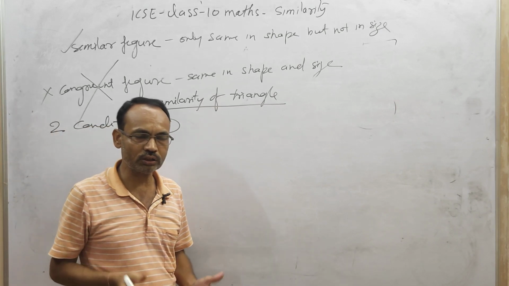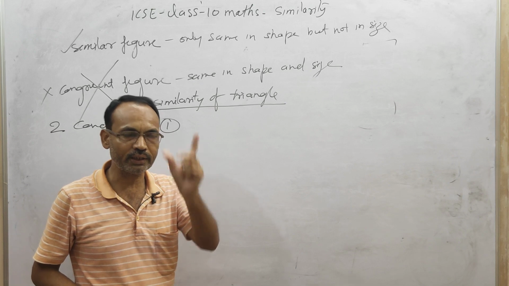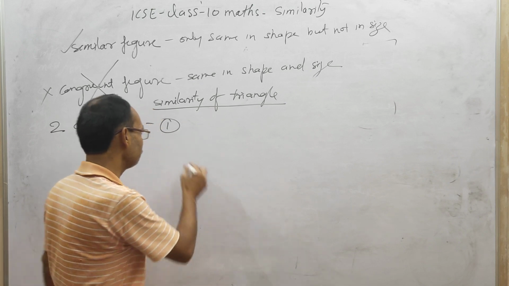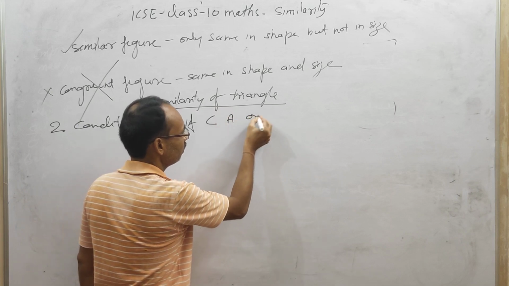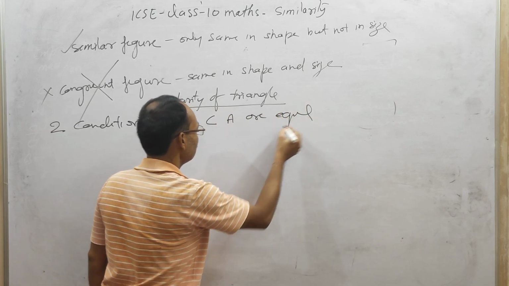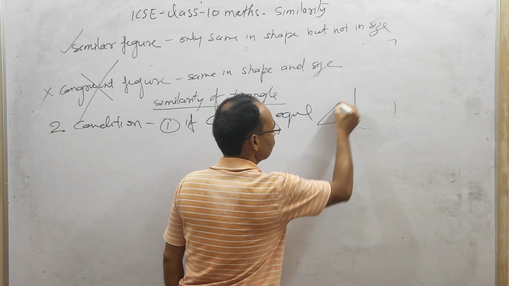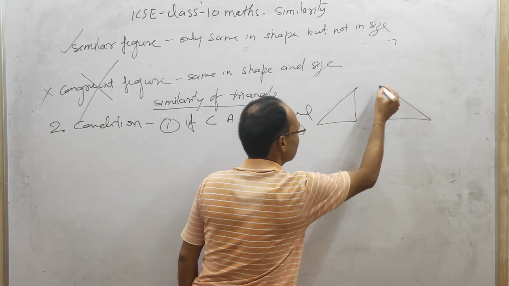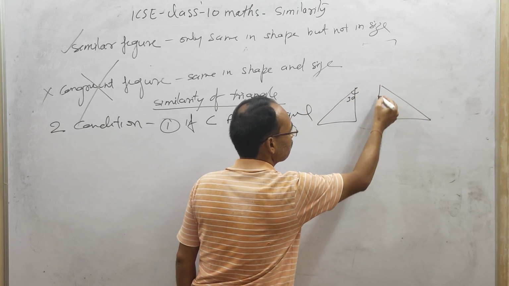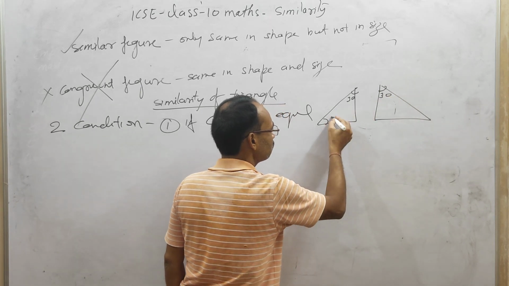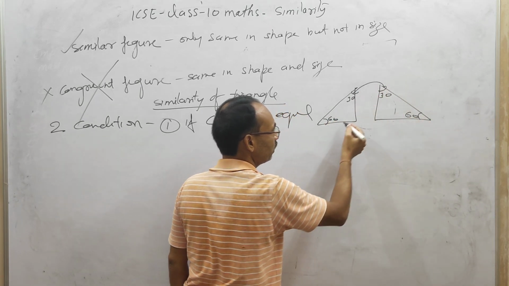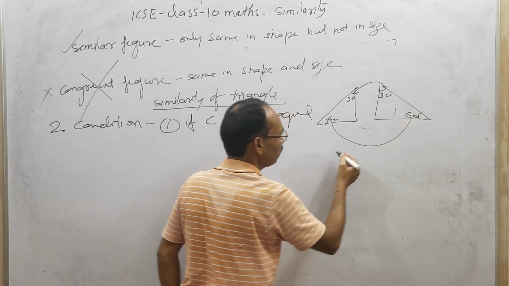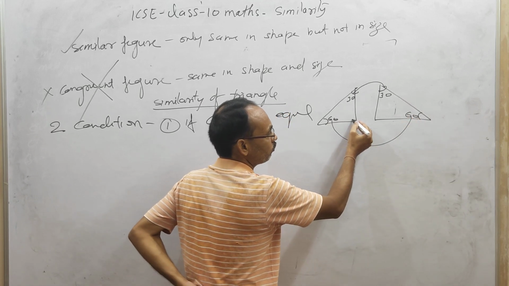The first condition: if corresponding angles are equal, like if this is the figure and this is 30, this is also 30, this is 60, this is also 60, then the corresponding angles are equal and the third will automatically be equal.